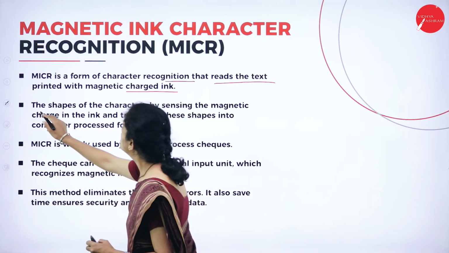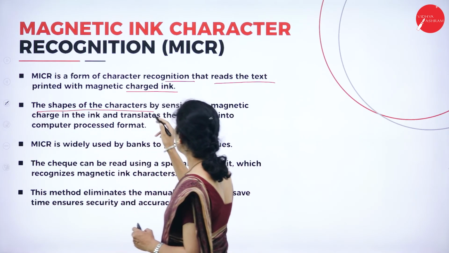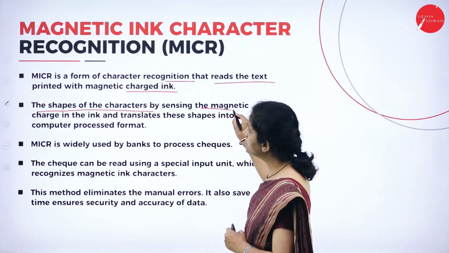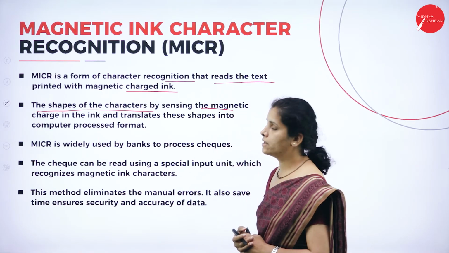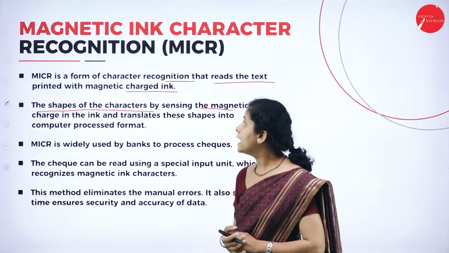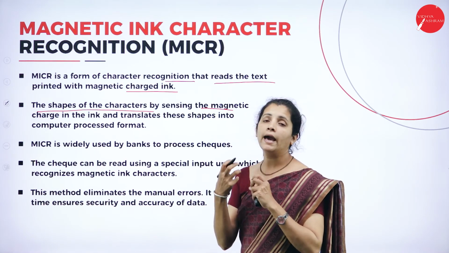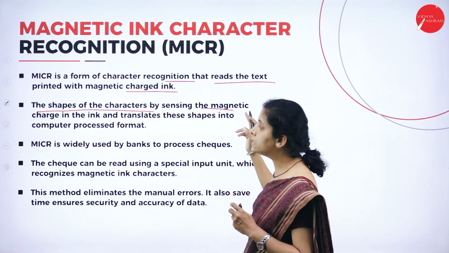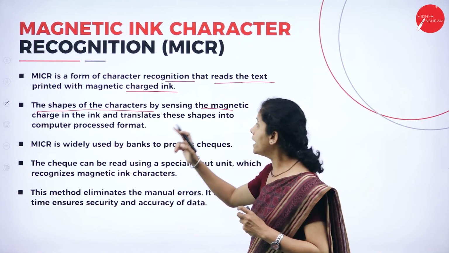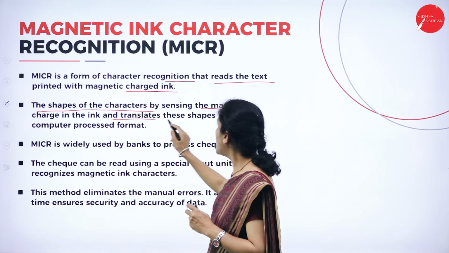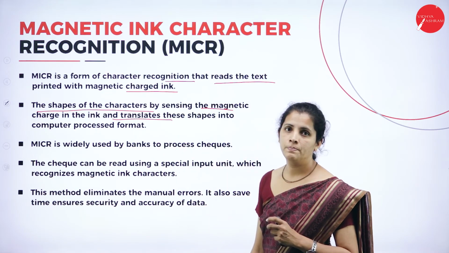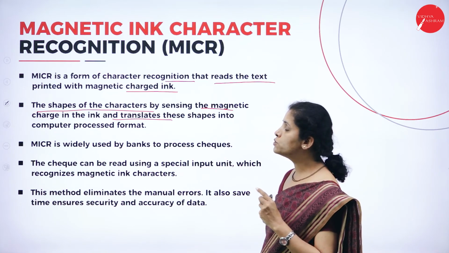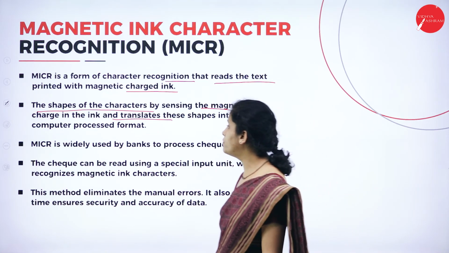It senses the shape of the characters by sensing the magnetic charge in the ink. That means in MICR, the characters are sensed based on the magnetic charge in the ink. After reading, it translates those shapes to a computer-processed form.